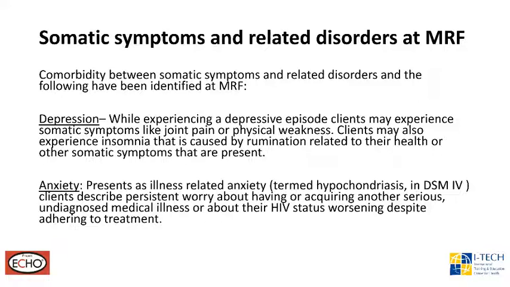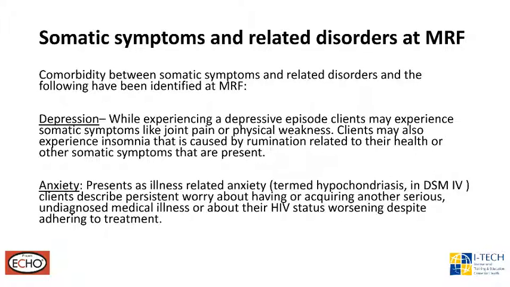So, of course, depression has many sub-diagnoses under it. However, it is the most prevalent diagnosis given. And when someone is experiencing a depressive episode, the likelihood of them experiencing a somatic symptom is also increased. So, for example, patients may have a complaint of joint pain or fatigue, muscle pain.